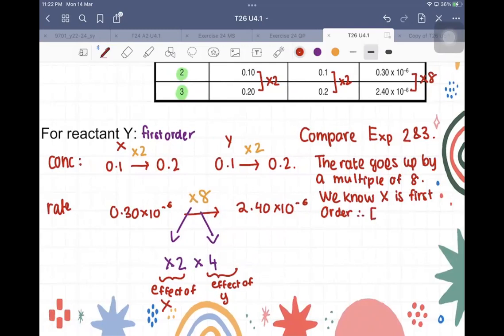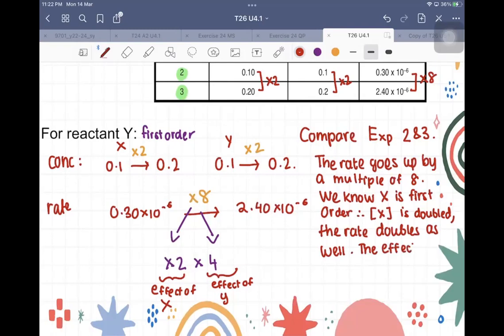Therefore, when concentration of x is doubled, the rate doubles as well. The effect of y on the rate must be to quadruple it.